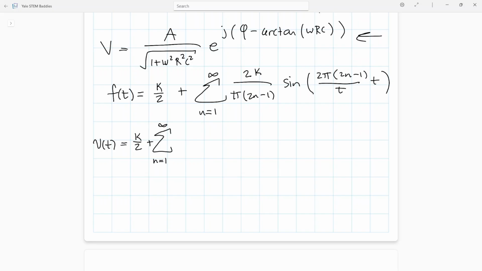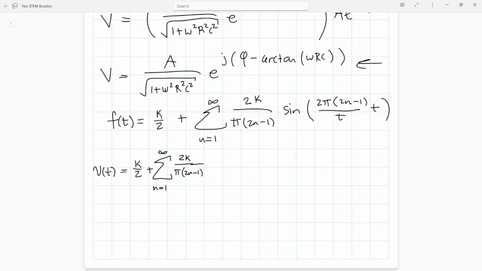Okay, now the rest of these terms do not pass through unscathed. So let's go ahead and write the magnitudes of these waves here. These are the initial magnitude of the wave, these 2k over pi times 2 to the n minus 1. That's the initial magnitude of the wave. But now, remember, we have to divide by this corrective factor here.